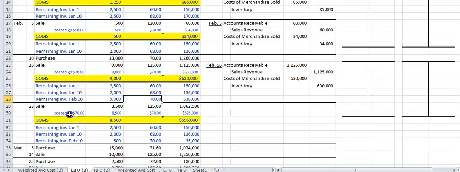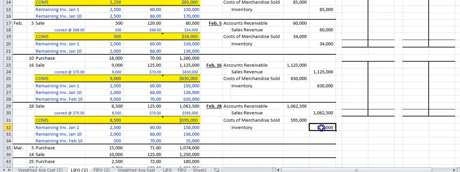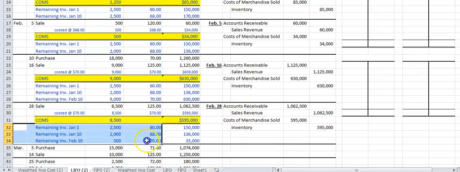So it's going to be costed at 70, the 8,500 at 70, for a total cost of merchandise sold of 595, right, 595, and we have an accounts receivable of 1,062,500, sales revenue of 1,062,500.